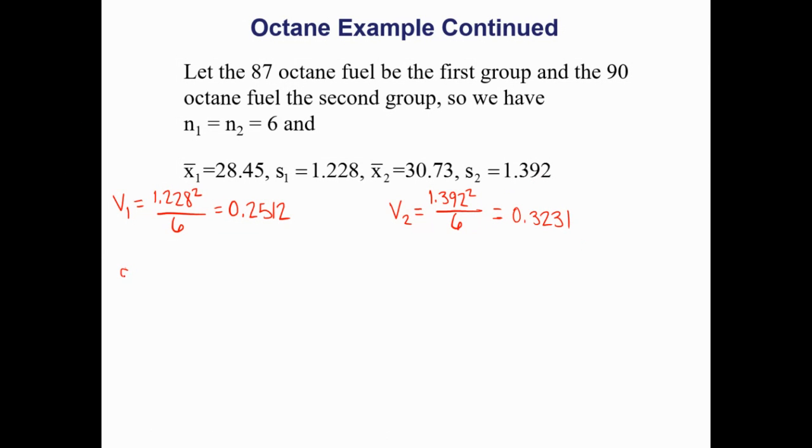And then we have our degree of freedom formula. So V1, 0.2512 plus 0.3231, squared, over 0.2512 squared divided by, let's see, our sample size is 6, so I have to do 6 minus 1, which gets me 5. So I want you to finish this calculation right quick while I grab this.